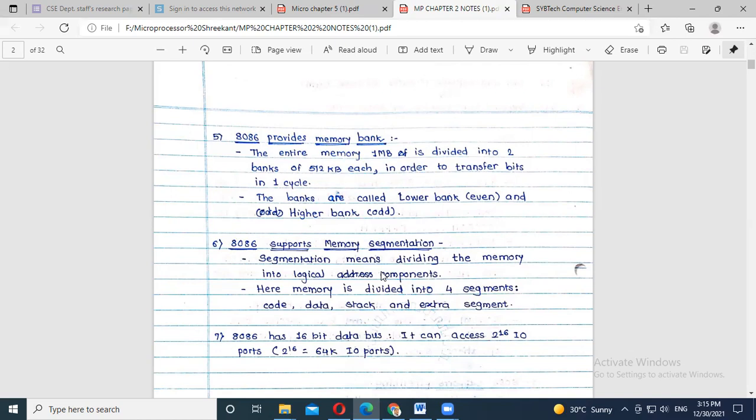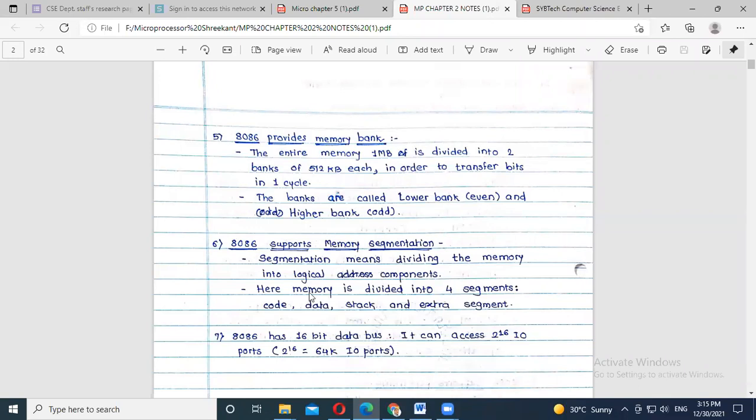So the entire memory in the 8086 we divide into 4 main groups: code segment, data segment, stack segment, and extra segment. A segment means a dividing portion of the main memory. If one main memory is there, as per our requirement, we divide the memory. That we call segmentation.